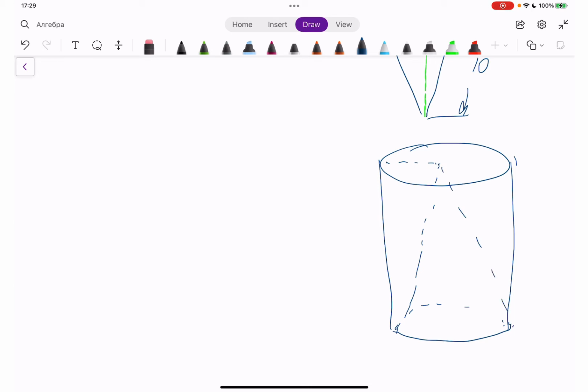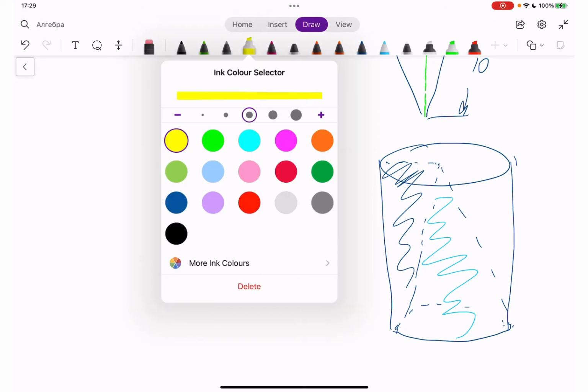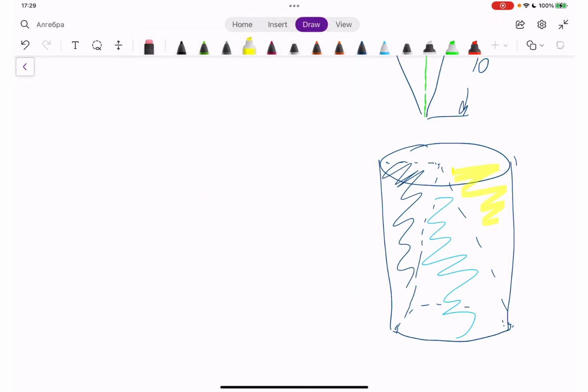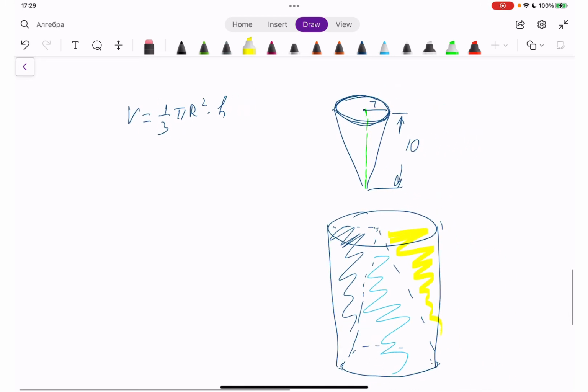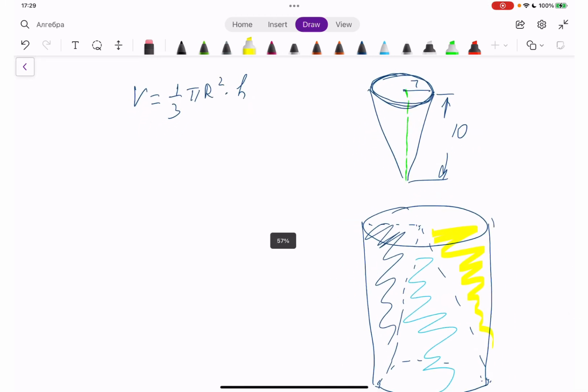So this is 1 cone, this is 2 cones, and here we're going to get the 3rd cone. Okay, that's why 1/3, because pi r squared times h, that's a volume for the cylinder. So for cone, it's going to be 1/3.